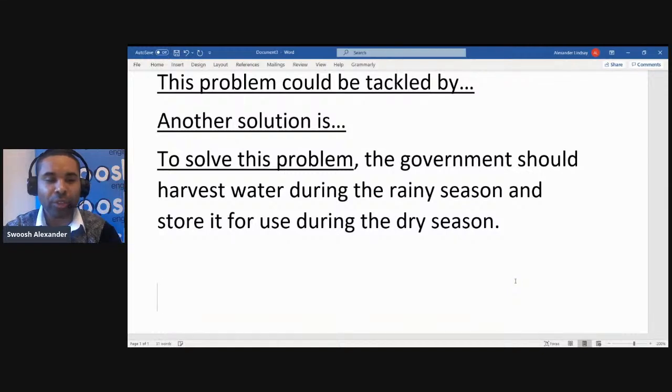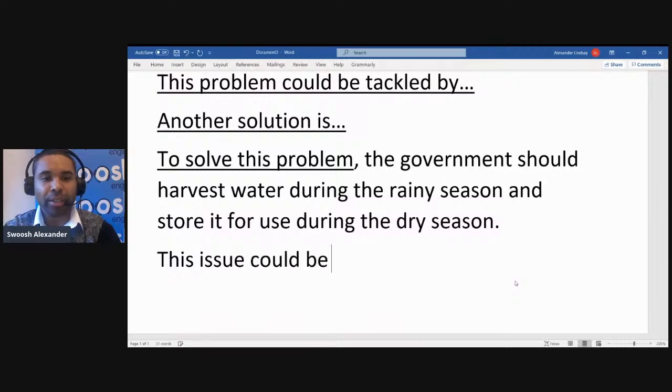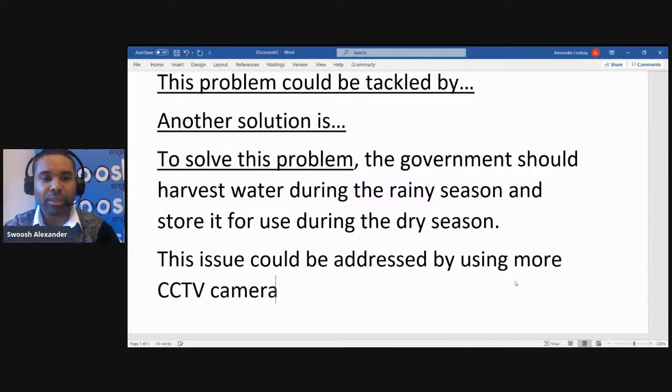We could say, so violent crime in cities, this issue could be addressed by using more CCTV cameras in outdoor spaces.